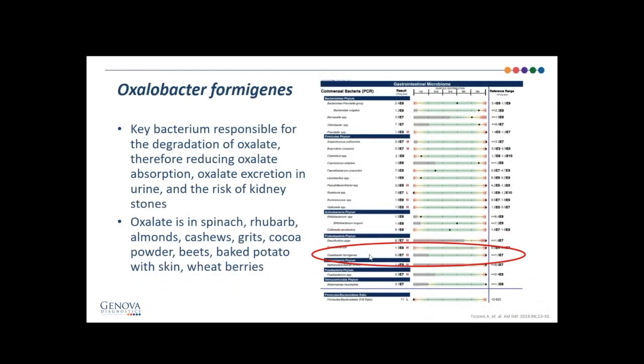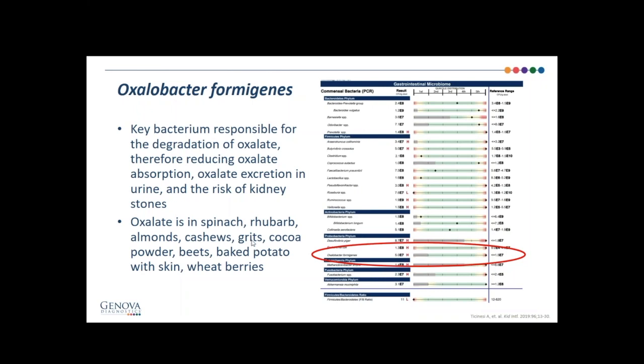We're still in the Proteobacteria phylum here, and we have this bacteria called Oxalobacter formigenes. And this is the key bacterium responsible for the degradation of oxalate. So it reduces oxalate absorption into the gut and excretion into the urine, so ultimately reducing the risk of kidney stones.